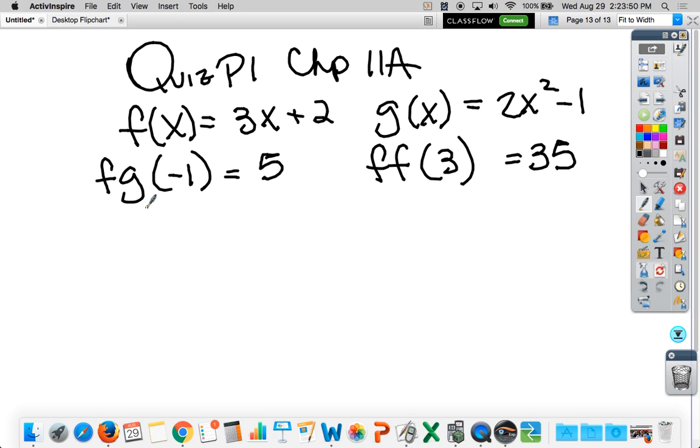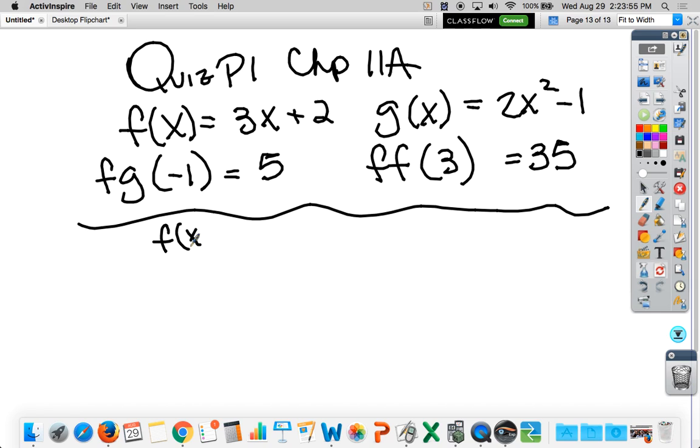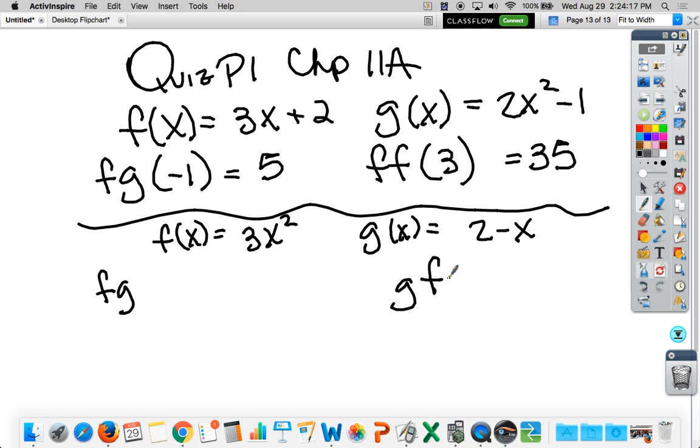Alright, the next type of problem you're going to have is what that means is f of g of x and g of f of x. They're not multiplied.